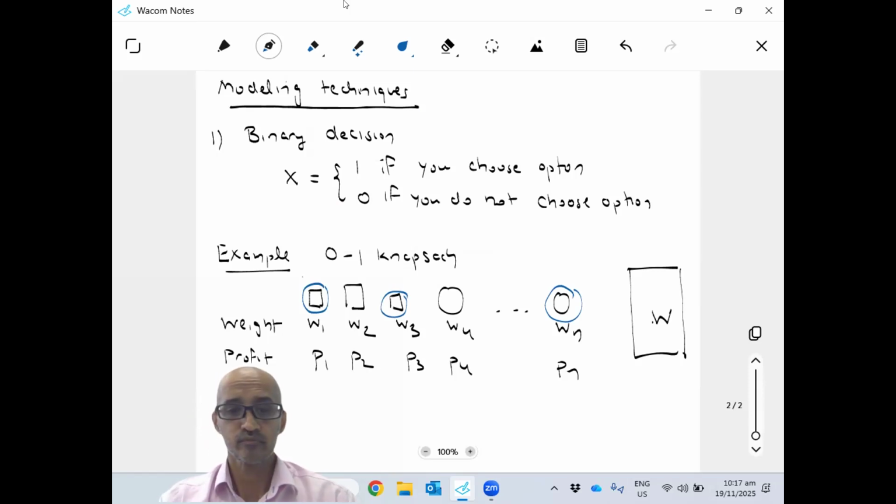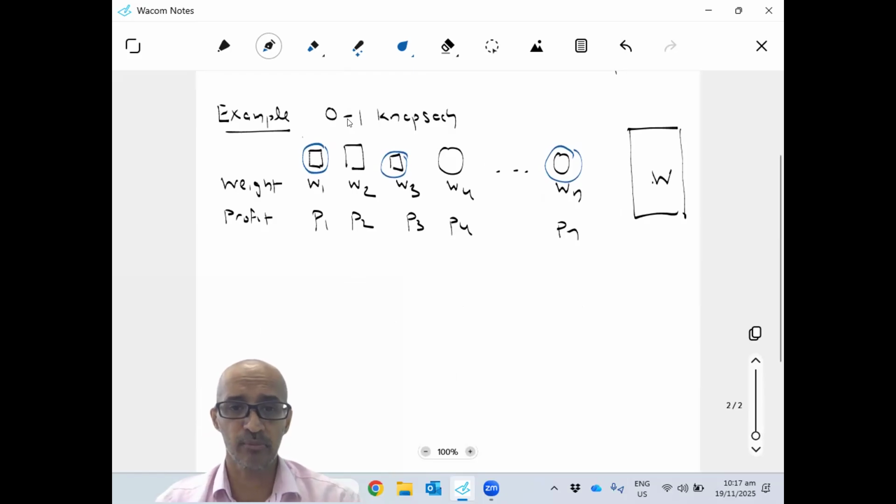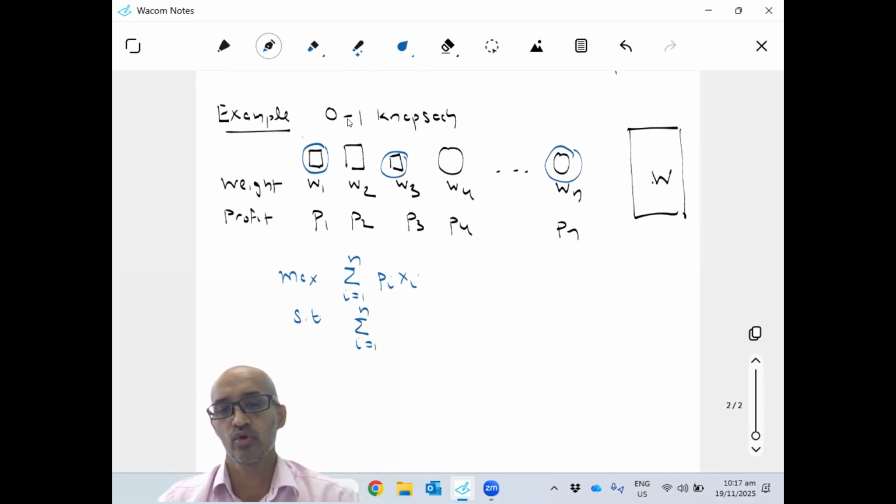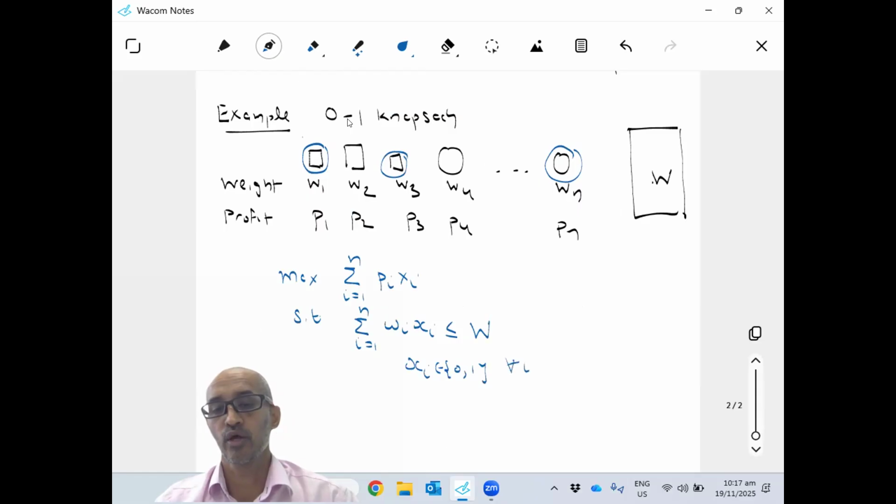The problem would simply be to maximize the summation, i going from 1 up to n, of Pi xi, maximizing profit subject to the total weight of the knapsack not exceeding W. And xi is in {0,1}.